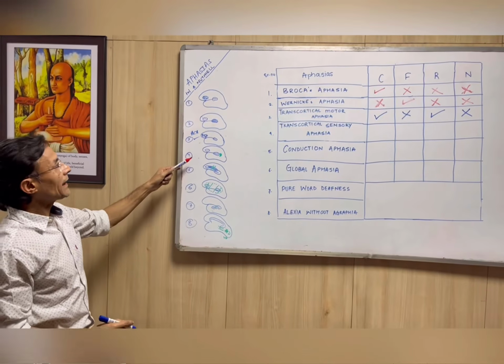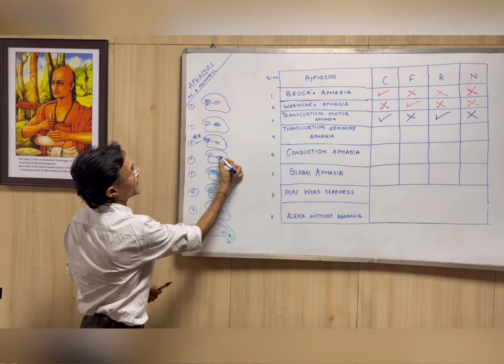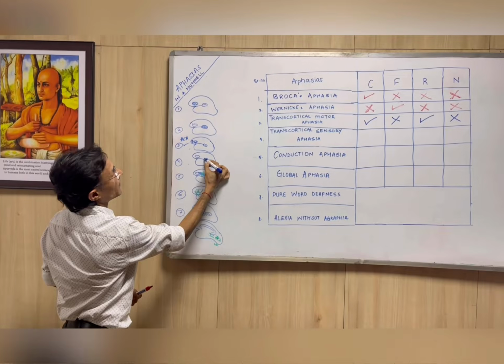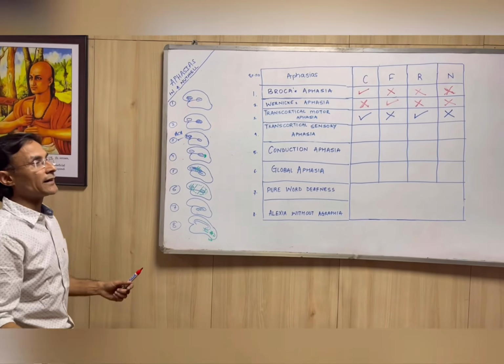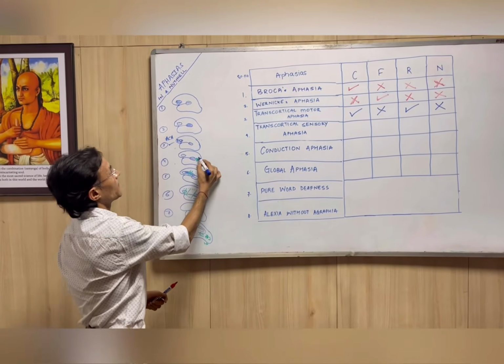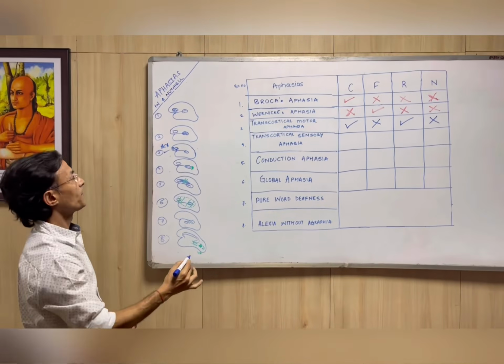Now in the next diagram, the lesion is posterior to the perisylvian area, posterior to the Wernicke's area. Wernicke's area is spared. This is the area where the lesion is. Again, MCA territory can give rise to this kind of feature. That is known as transcortical sensory aphasia, because this is the sensory speech area.